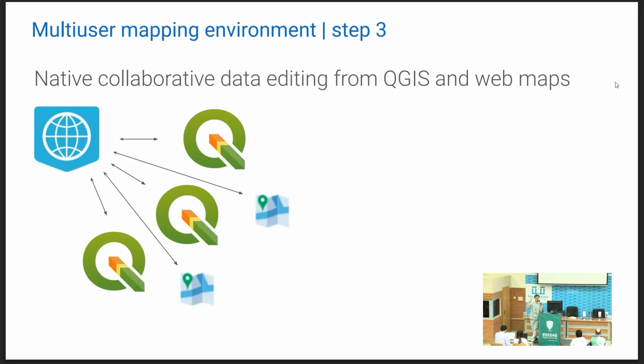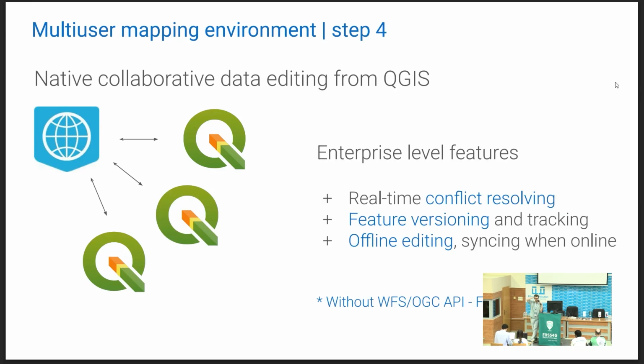So from QGIS instances and from built-in web maps. People could connect to this web map and start editing the data right on the server, but from their QGIS instances, together with other people from other QGIS instances and together with people who use web maps built into NextGIS Web to edit the same data. And then on top of these mechanisms, to add some enterprise level features.